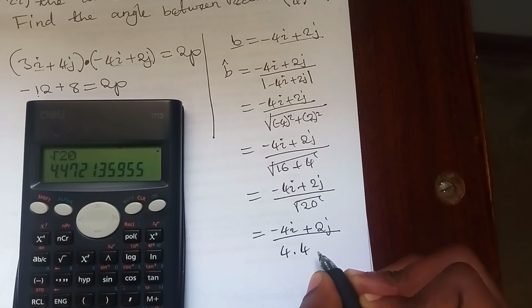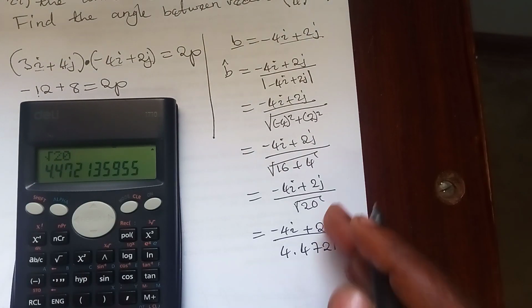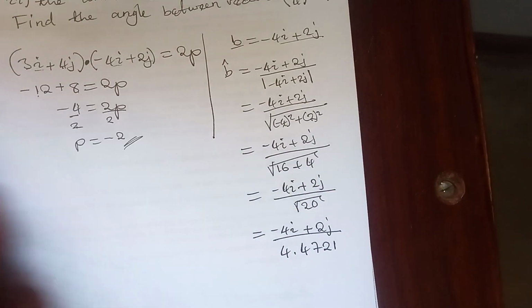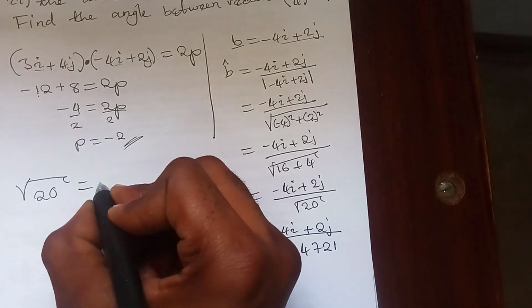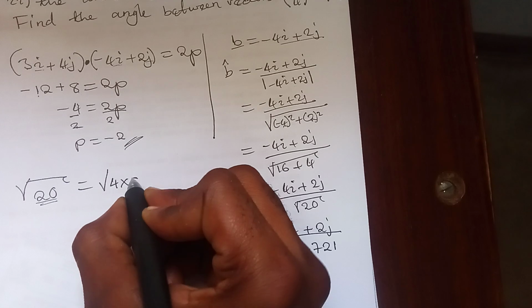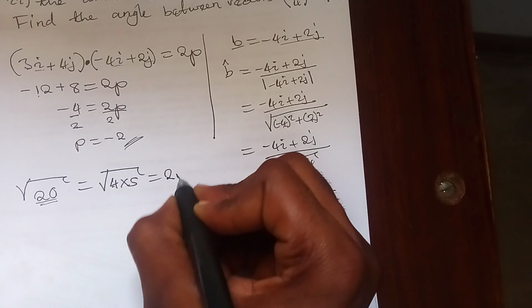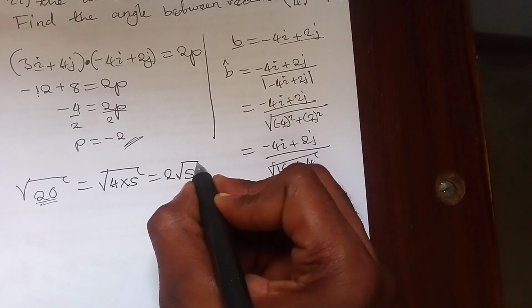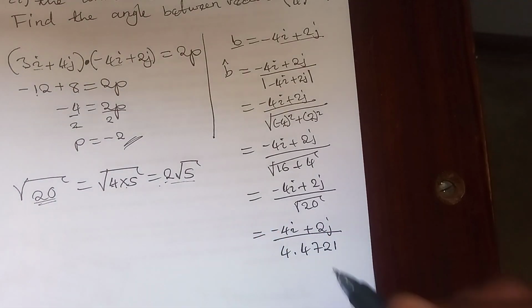Let's just use the usual method of punching this on our calculators. So we have 4.4721. If you were to convert this to surd form, the square root of 20, you can write 20 as 4 by 5, then the square root of 4 is 2, the square root of 5 is an irrational number, so you can use this as your denominator, but do not leave it like that.